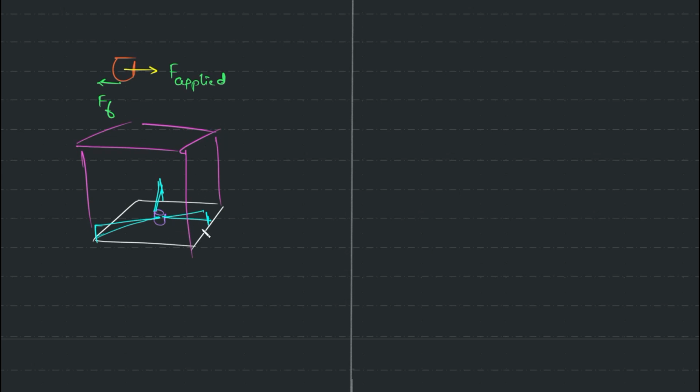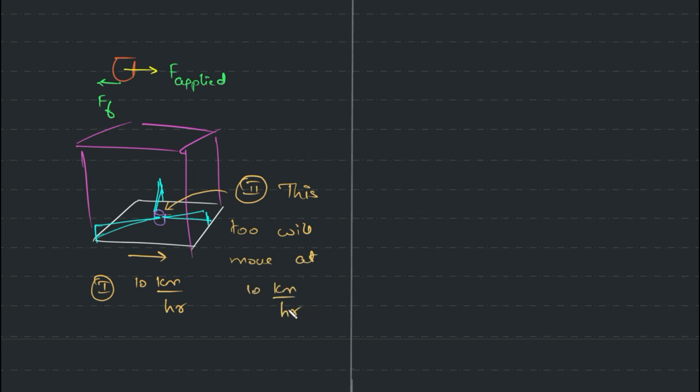So what happens? The chances that anything happens to the entire structure is minimum. Why? Because if the structure is moving at 10 kilometers per hour, because it's attached to the structure in so many ways, this too will move at 10 kilometers per hour without any jerk.